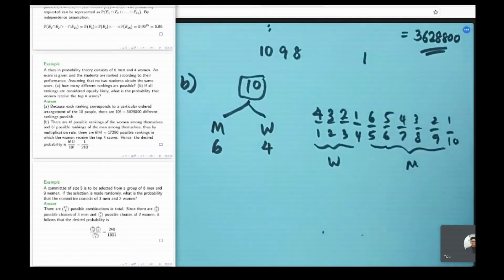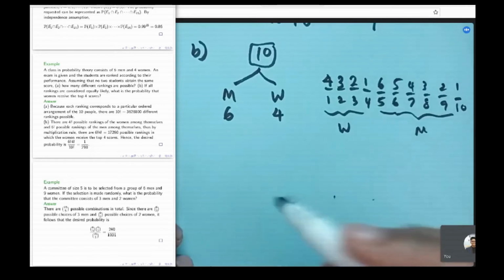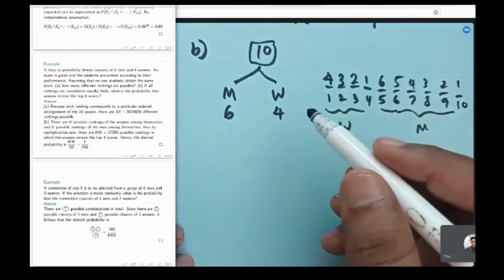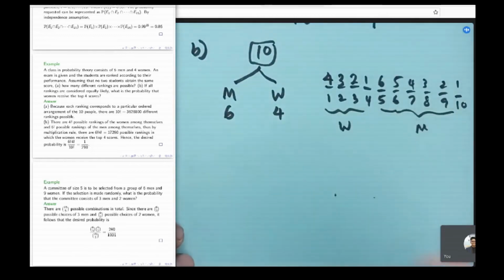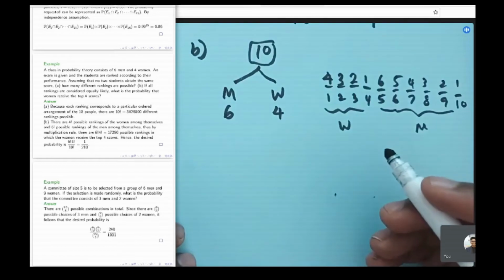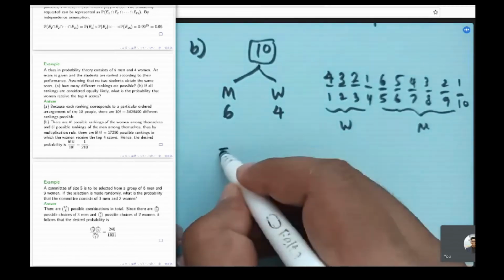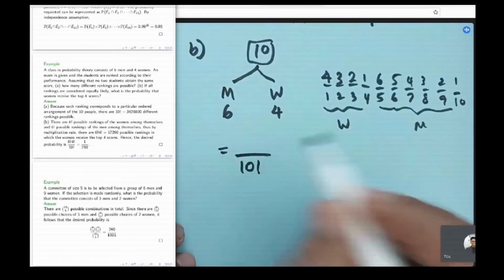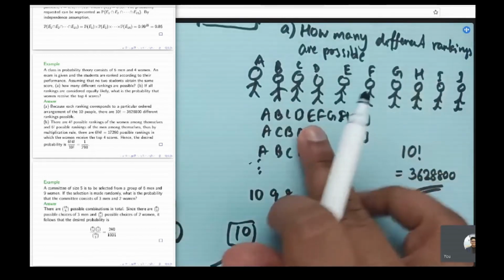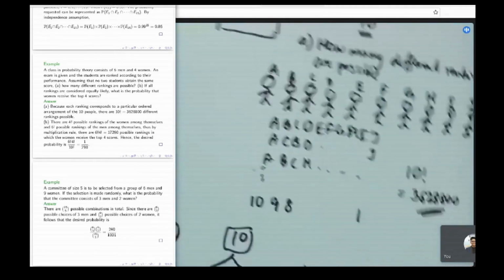So the answer is going to be the probability of the four women getting the first 4 scores, and the men getting the remaining 6 positions. It is equal to the number of favorable arrangements, 4 factorial times 6 factorial, divided by the total number of possible arrangements, 10 factorial.